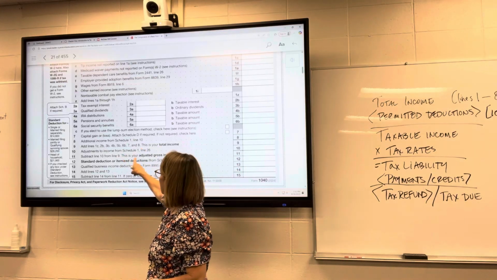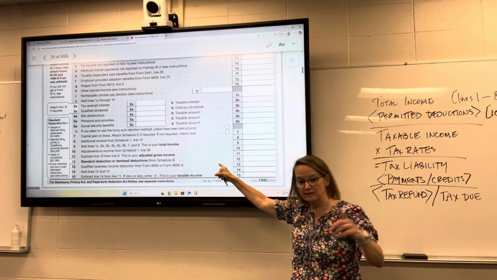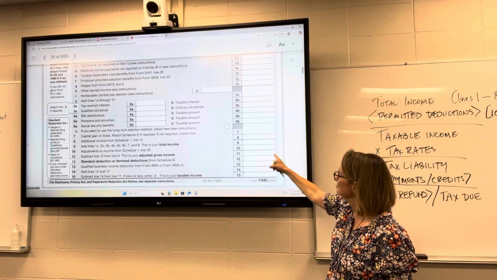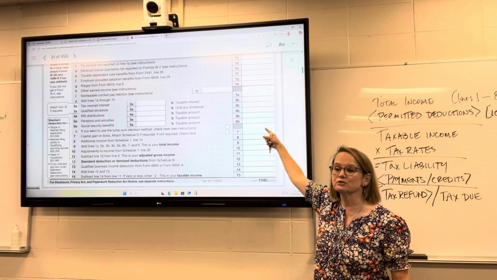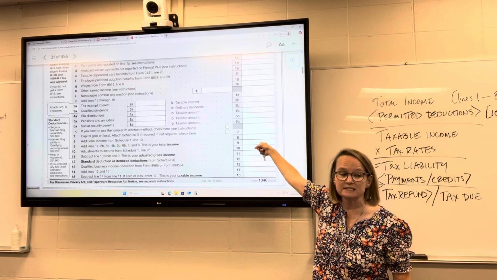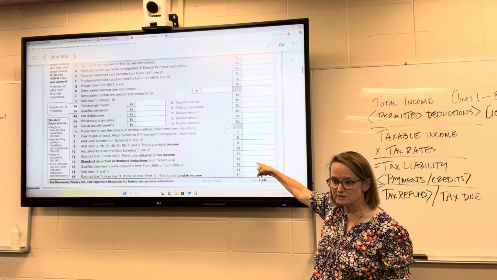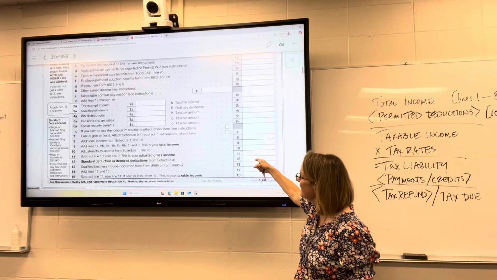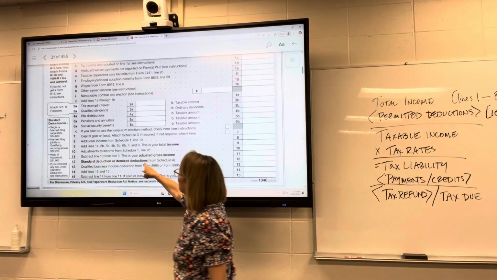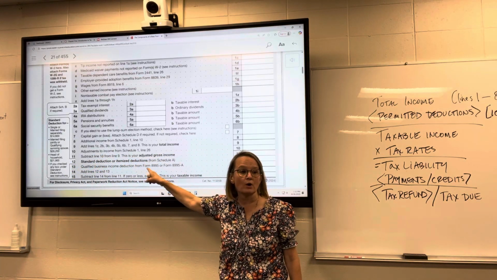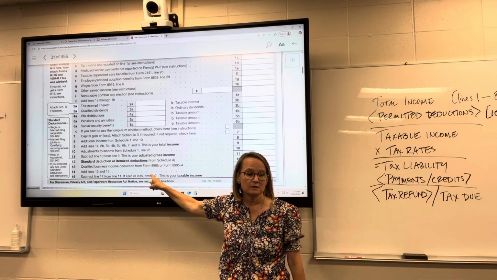We get to this adjusted gross income, which we're going to explore in chapter 2. So we have kind of a subtotal here. We've got certain types of deductions, and then we get this adjusted gross income amount, which is a subtotal. And then we have other deductions. We have line 12, which is standard deduction or itemized deductions.